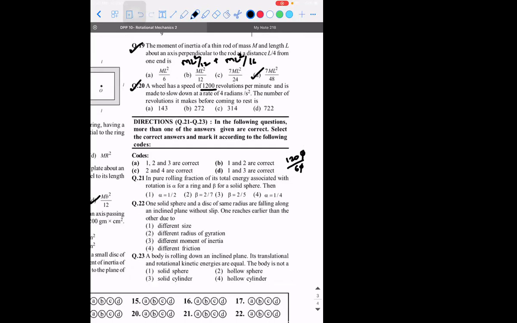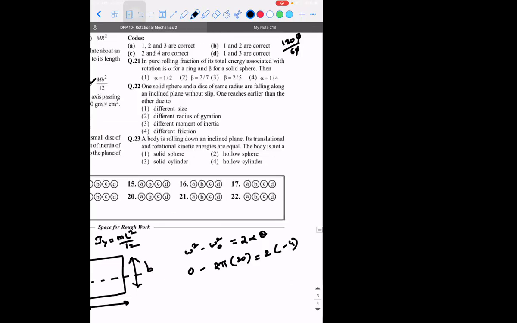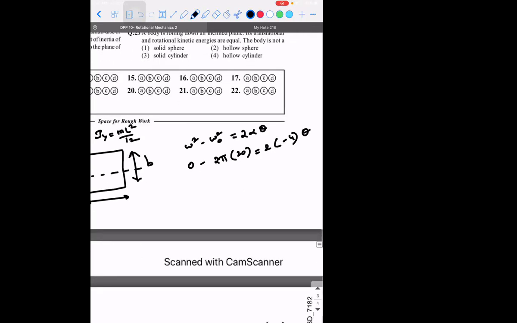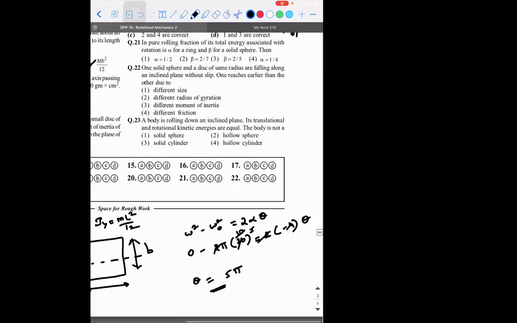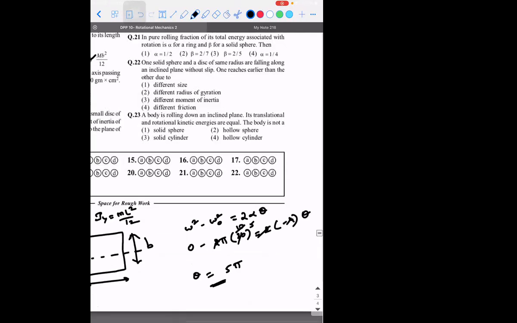It is 20. So minus 2 pi into 20, the whole square, is equal to 2 into alpha, which is minus 4 because they told it slows down at a rate, into theta.